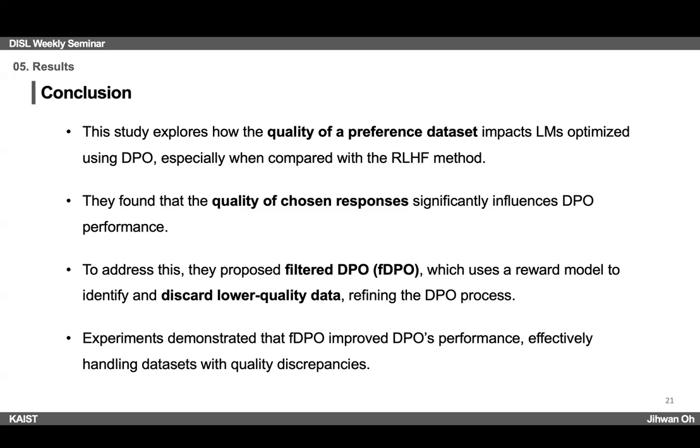And third, to address this, they proposed filter DPO, which uses a reward model to identify and discard lower quality data. And also, experiments demonstrate that FDPO improved DPO's performance by effectively handling datasets with quality discrepancies.